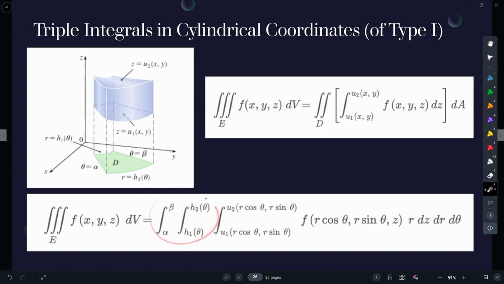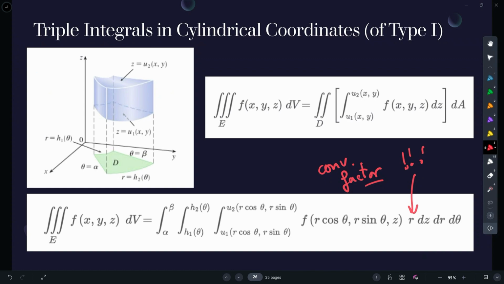We can replace to polar, but we have to remember to translate everything to r and theta, and we have to multiply by the conversion factor. There is a conversion factor that you have to multiply to be able to translate to cylindrical coordinates, which is the same as in polar coordinates, so nothing new to be learned here.